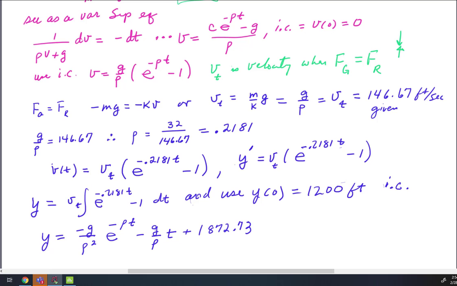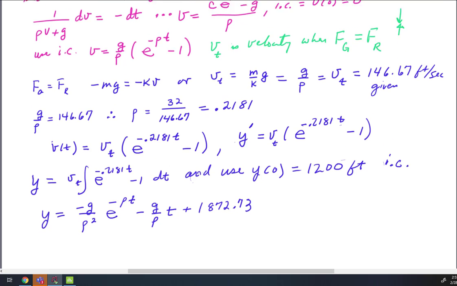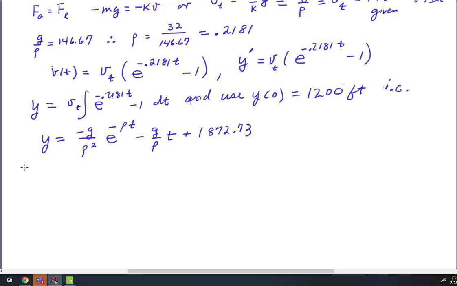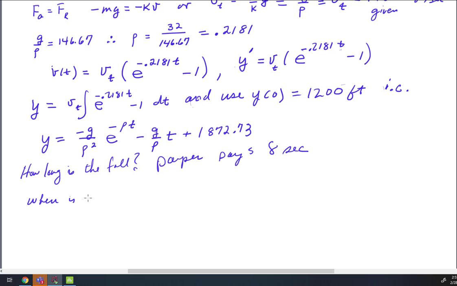Now, the question that we were set to answer is, how long does he fall? Well, the newspaper says 8 seconds. But we would find that out by looking at when y of t, that is, when is his altitude, equal to 0.